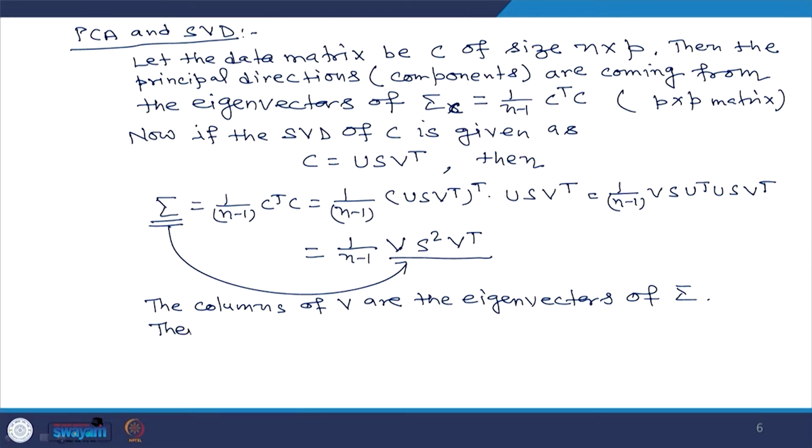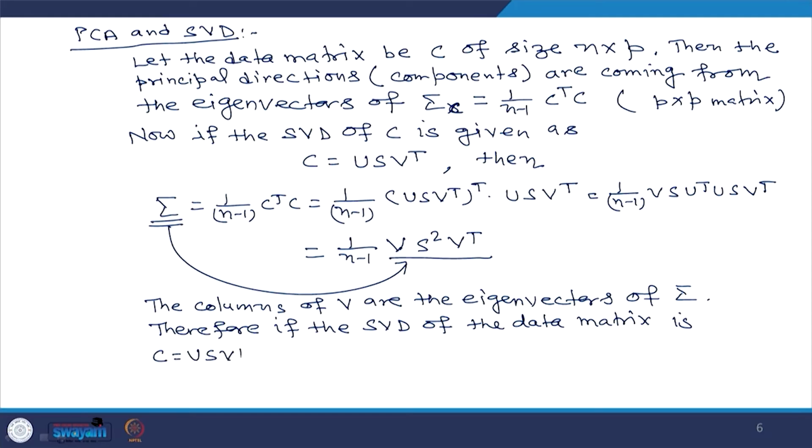Therefore, if the SVD of the data matrix is C equals to U S V transpose, then columns of V give the principal direction.